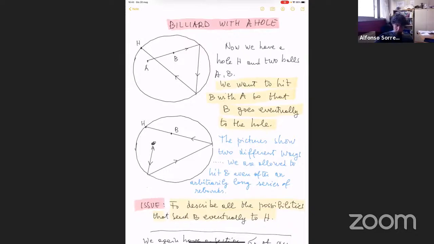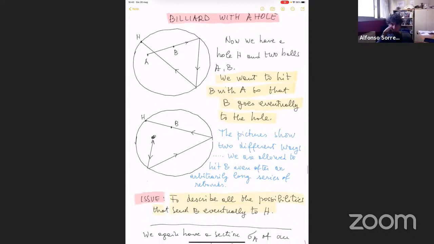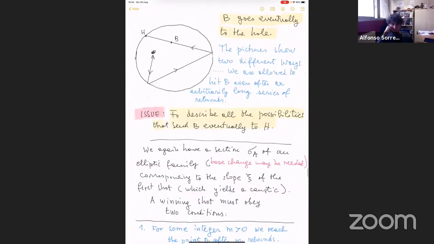For instance, we may hit the second ball directly with the first, or we may hit it after a certain number of rebounds. And the problem is to describe all the possibilities that send the second ball eventually to the hole. Are they infinitely many or not?